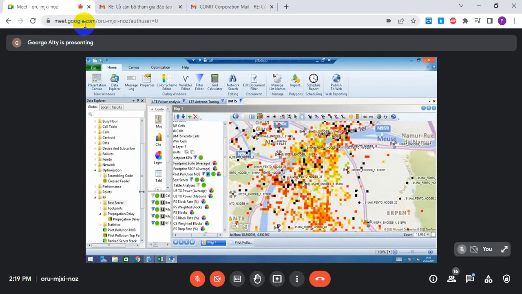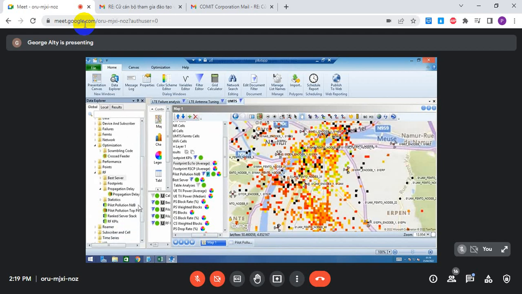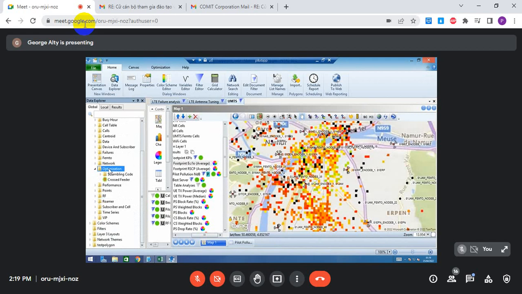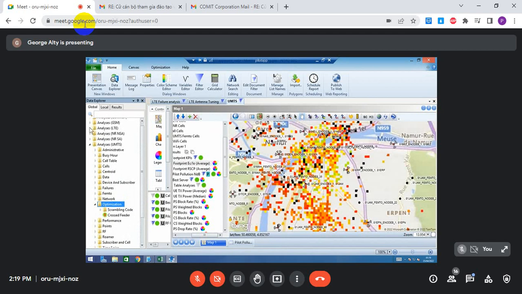So what I'm expecting in the optimization folder, I'm not getting, and I don't know why, so I need to have a chat with the guys back in the office. But if I go to the LTE function here, that's not available either.